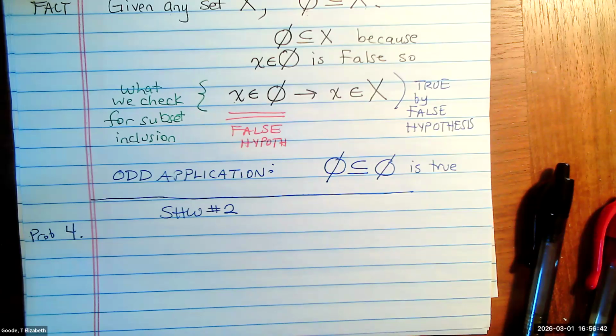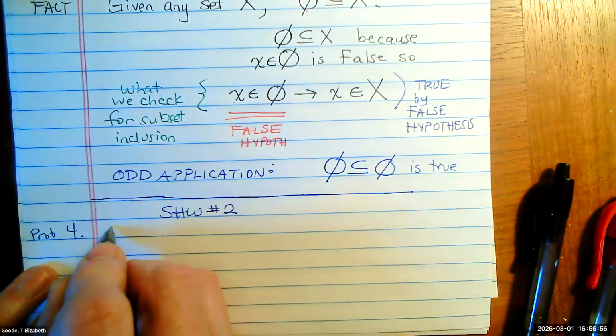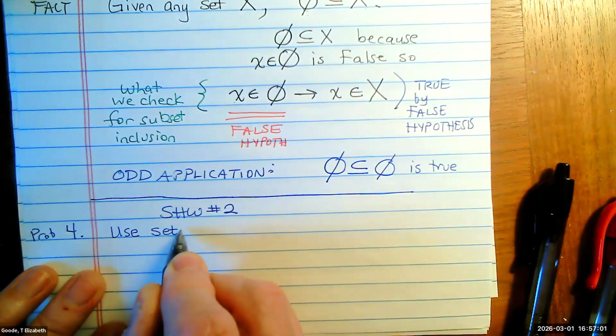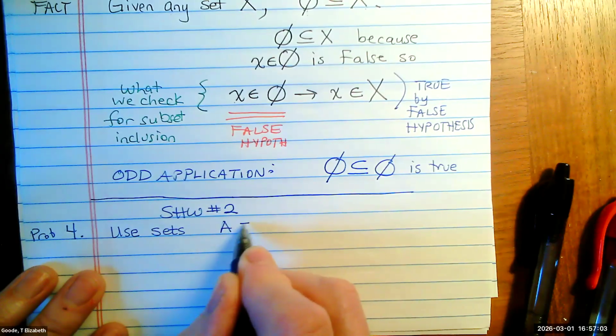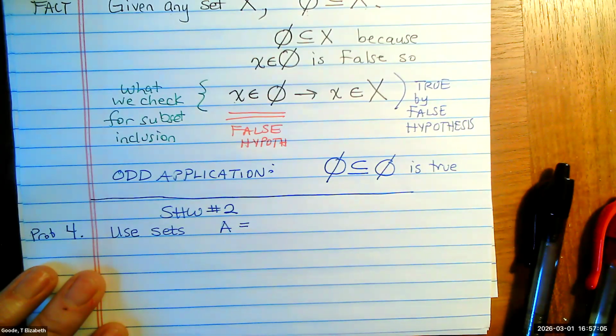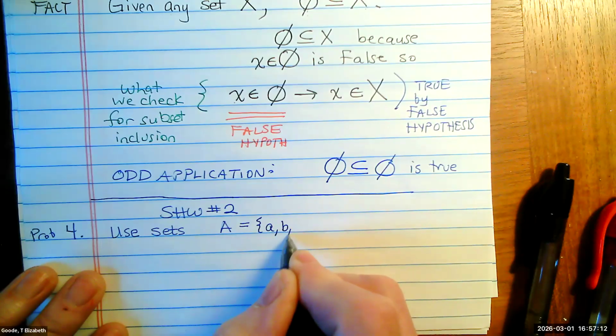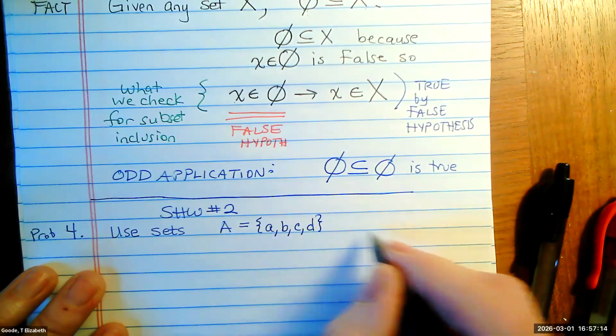So in problem number 4, we were referring to sets A, B, and C from above. So we were going to use sets A, B, and C from the problem above, and that was problem 3. Set A had the elements little a, little b, little c, and little d.